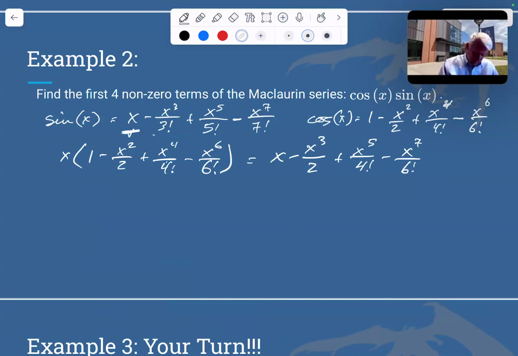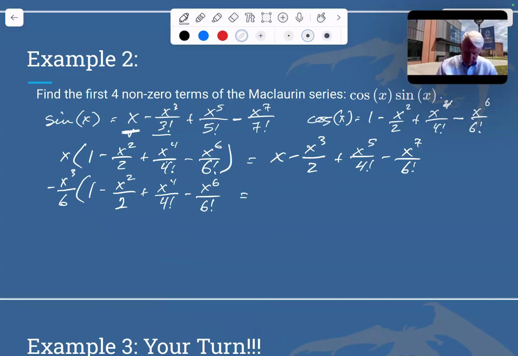So now I've taken my first one, so I'm good with that. Now I take my second term. My second term is going to be negative x cubed over 3 factorial, which is 6, and then I'm going to multiply it again by this same piece, 1 minus x squared over 2 plus x to the fourth over 4 factorial minus x to the 6 over 6 factorial.